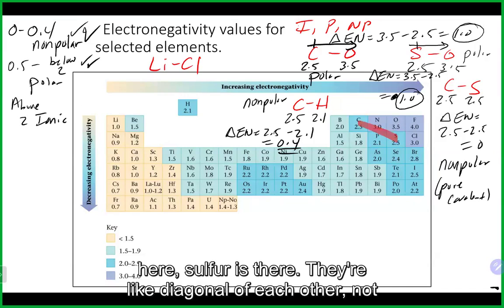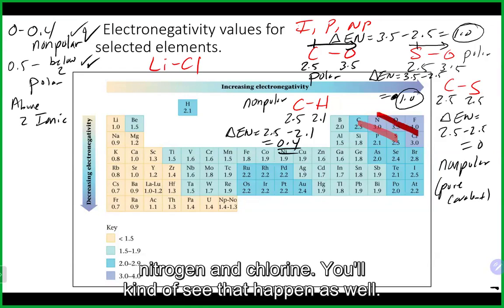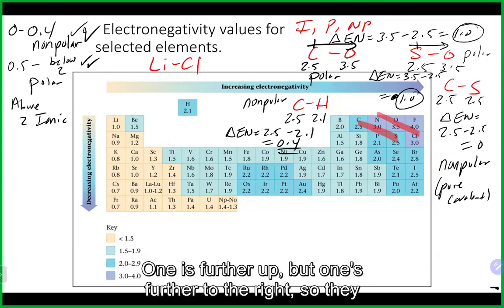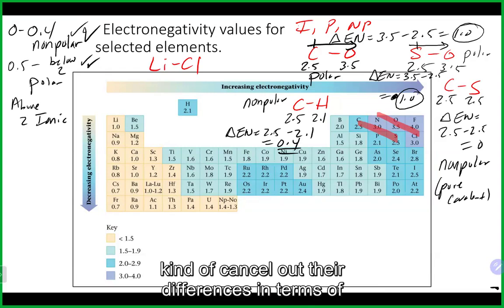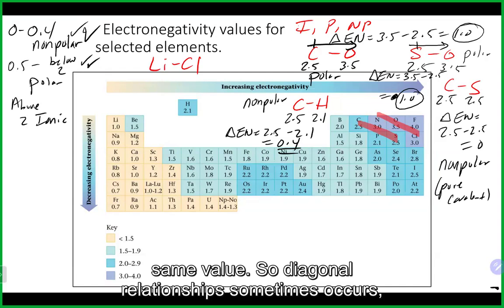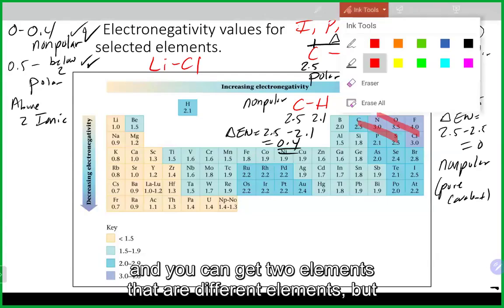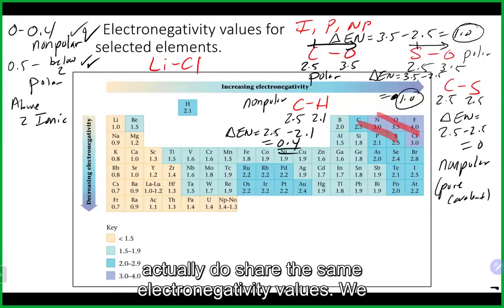They're diagonal of each other, not directly below, but one over. Same thing over there with nitrogen and chlorine. One is further up, but one's further to the right. So they cancel out their differences in terms of electronegativity, and they end up with the same value. So diagonal relationships sometimes occur, and you can get two different elements that do share the same electronegativity values.